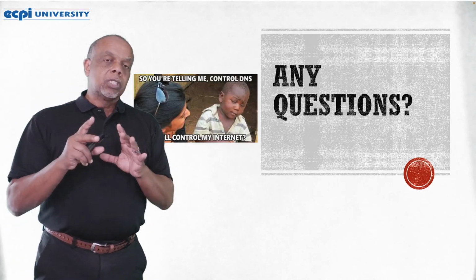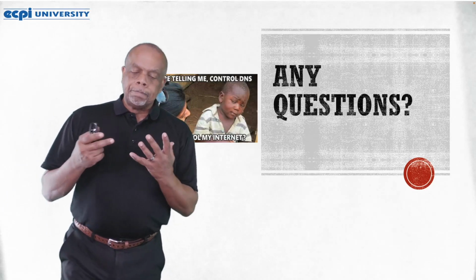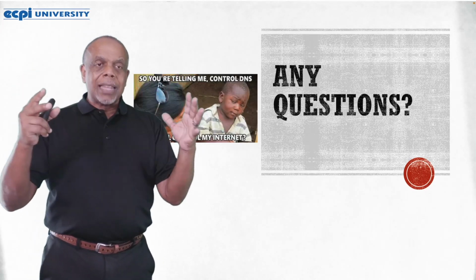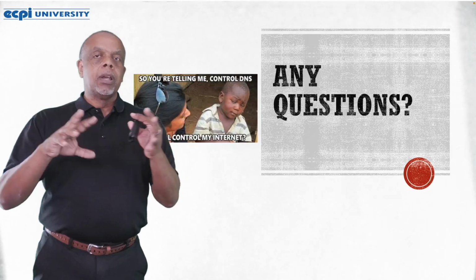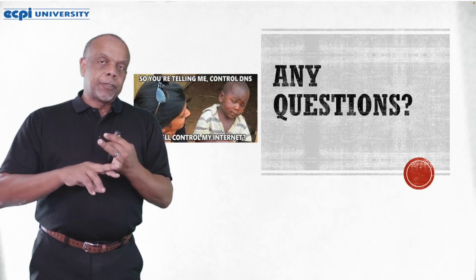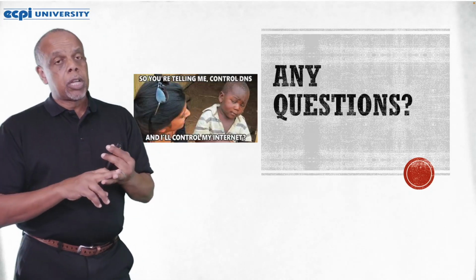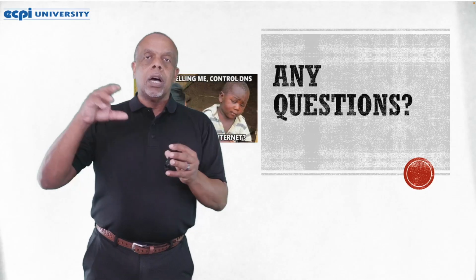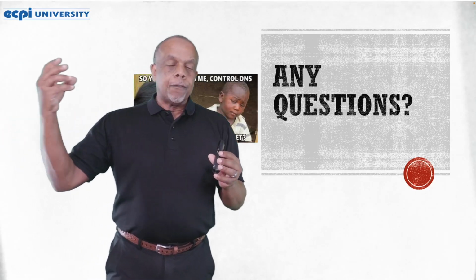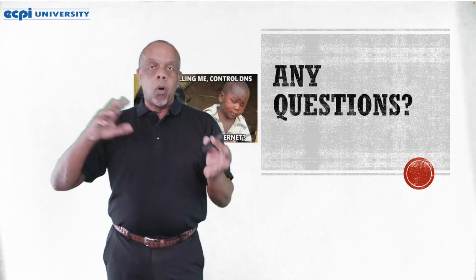Like I say, this is just a pretty high level view of DNS, hopefully to help you understand it a little bit better. What did we talk about today? We opened this up with understanding domain name resolution, how we resolve an IP address to a fully qualified domain name or vice versa.